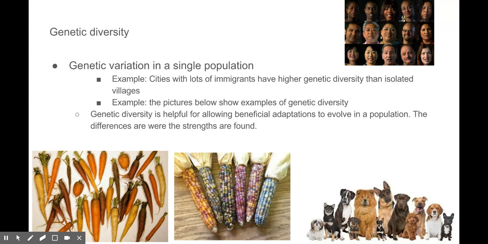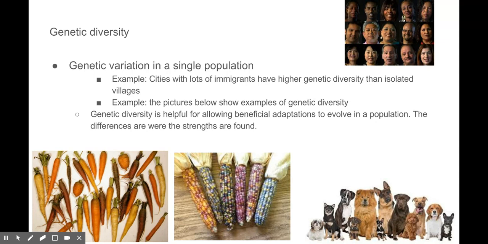And so you saw this lesser genetic variation. People start looking very similar to each other. Whereas if you look at a city like New York or Bogota, where people keep coming in from all these different places, you get all these different types of people with all their different ethnic backgrounds, cultural backgrounds, and genetic backgrounds. And so there's a much higher level of genetic diversity in those locations.